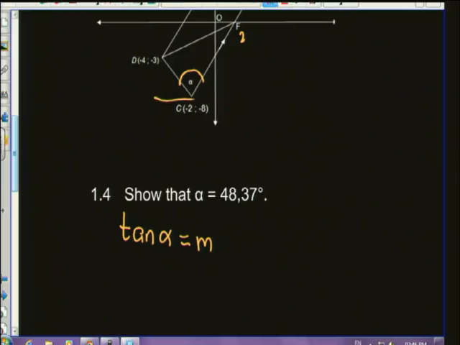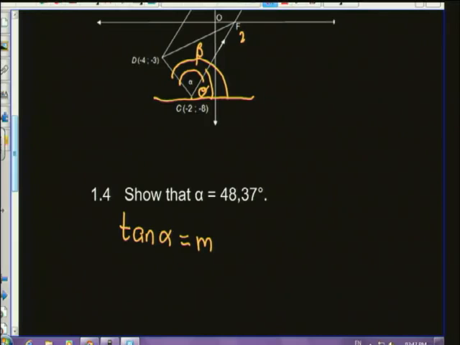If I draw a little x-axis there, a horizontal line, you're allowed to do this on your question paper. If I can work out this angle here, I'm going to call it angle theta, and if I can then work out this big angle there, let's call it angle beta, then I can work out angle alpha, because angle alpha is the difference between this big angle and that small angle.